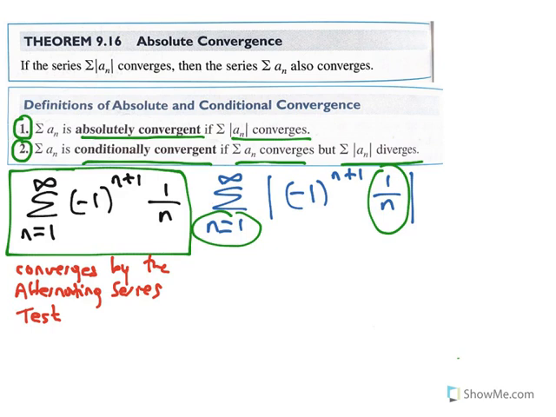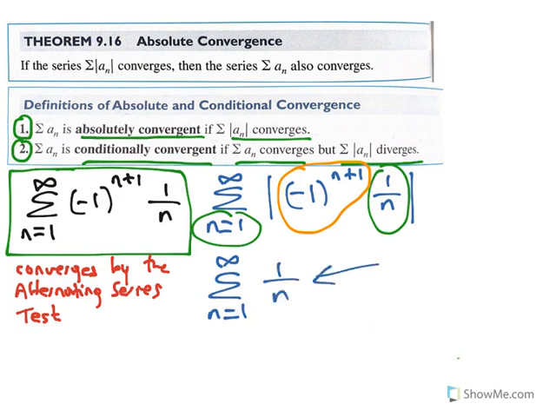So we don't really need the absolute value for the 1 over n, because it will be positive. So what the absolute value will do is get rid of this particular part, which is giving us either positive terms or negative terms. The absolute value will make all of our terms positive, so we can simplify what we have for the corresponding absolute value series just by writing this.